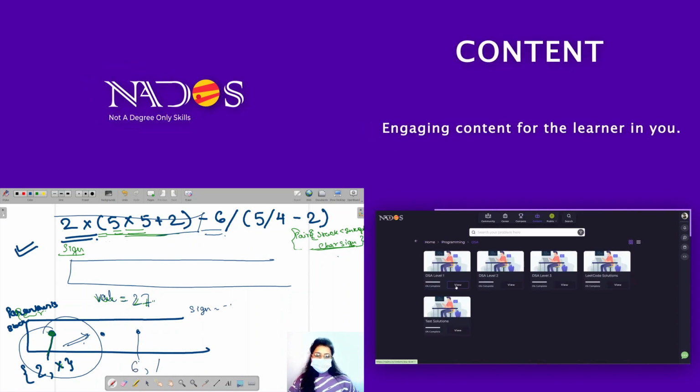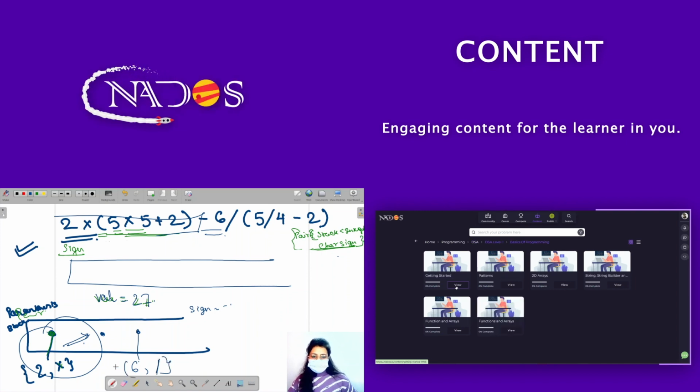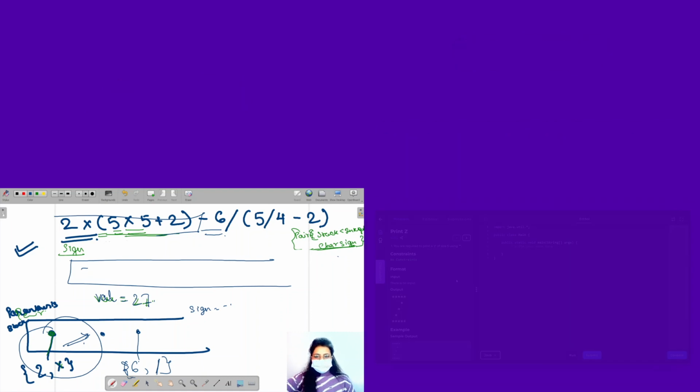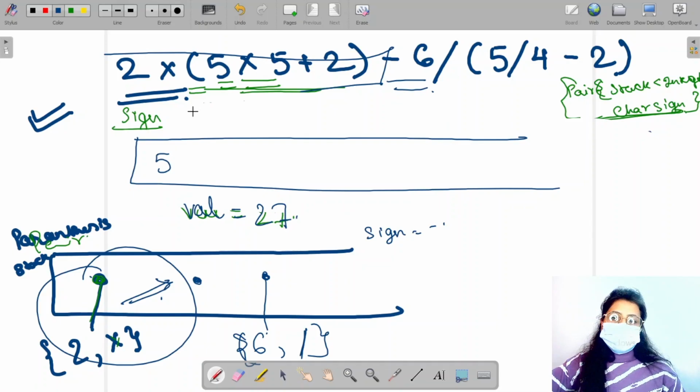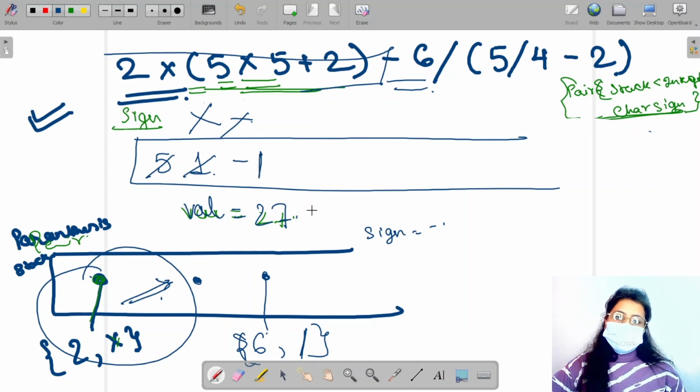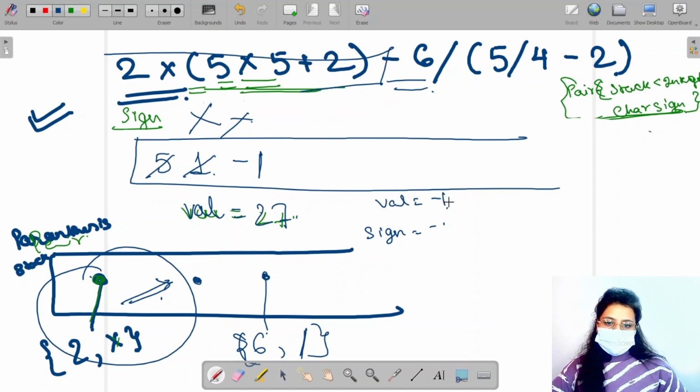Then we have the divide operator, right? So this will be stored in the pair class. And in the parenthesis, we have 5. Then we have the sign as divide. So 5 divided by 4 is 1, right? Then we have the sign as minus. Subtract it and we'll get -1. So our value would be again -1.